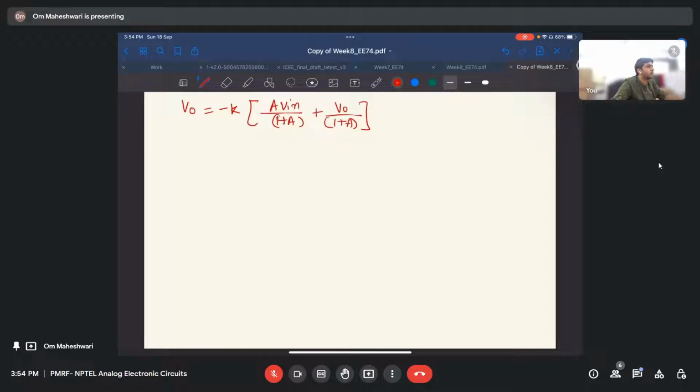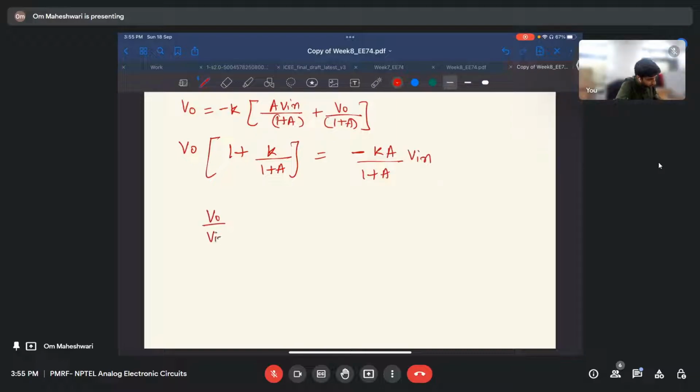So now we will try to just solve this equation. So let us take VO on one side. So 1 plus K by 1 plus A times VO equals minus K A by 1 plus A V in.